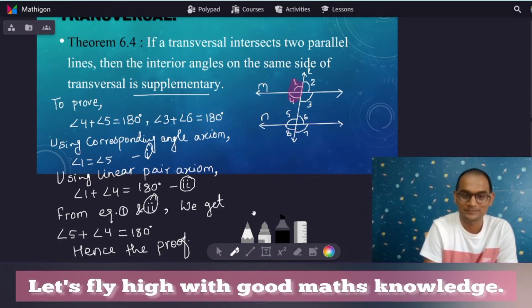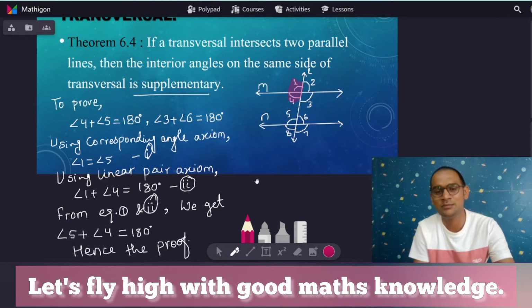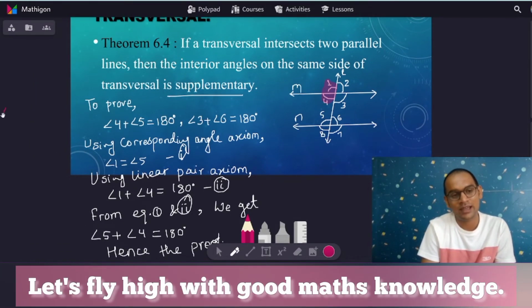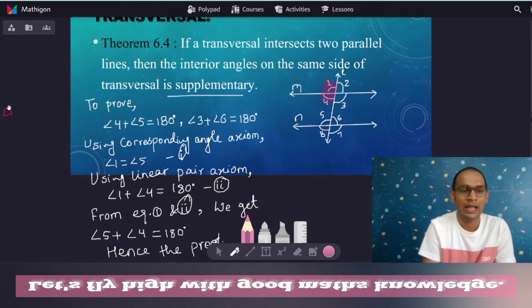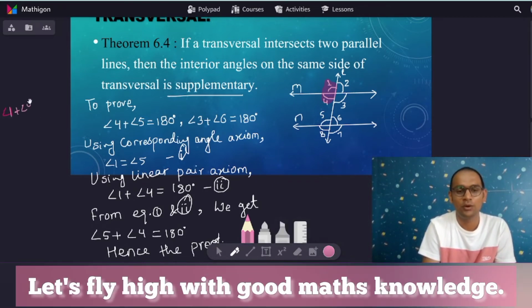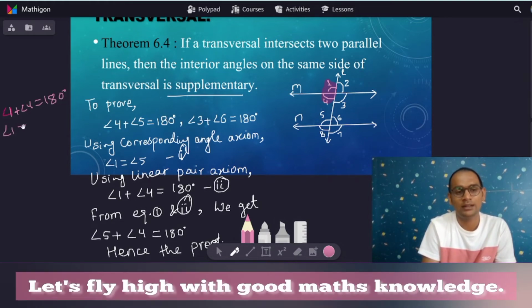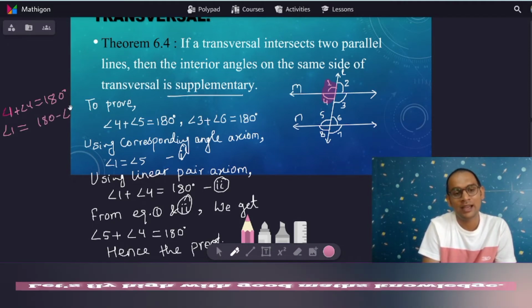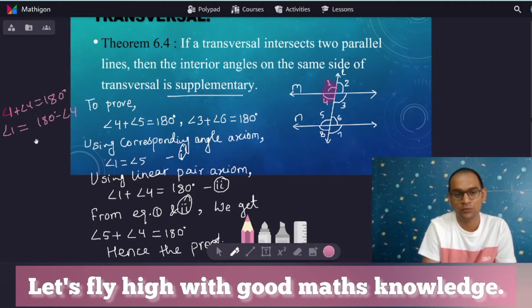Why? Let's try to understand it in a little bit more detail. Over here we have angle 1 plus angle 4 equals 180 degrees. If I try to find angle 1, that will give me 180 degrees minus angle 4. And equation 1 says angle 1 equals angle 5.